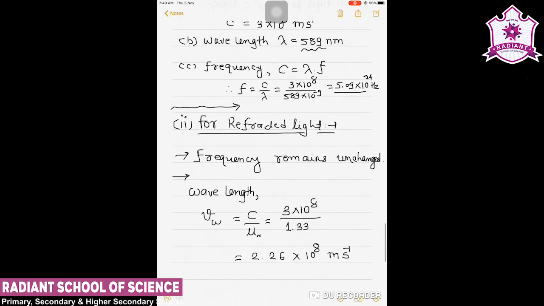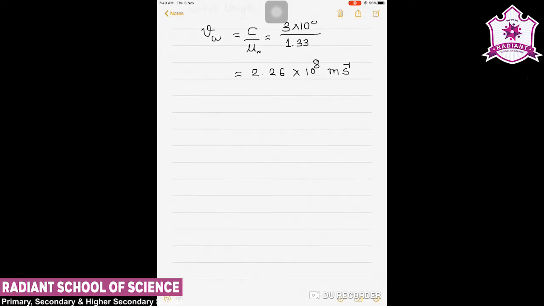Now using the velocity equation, v equals lambda f, we can find the value of wavelength, where we have cleared that frequency will not change. So lambda of water is v of water upon f.